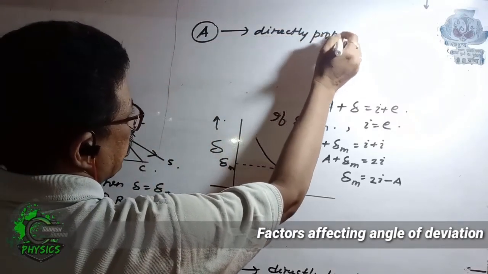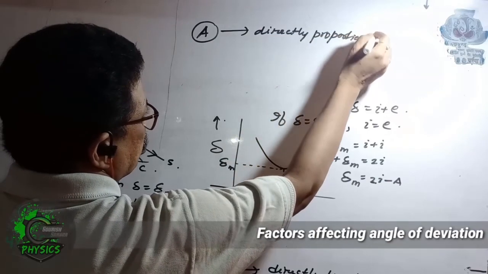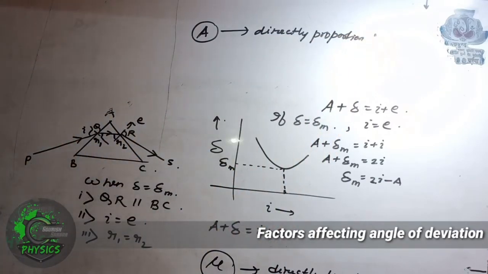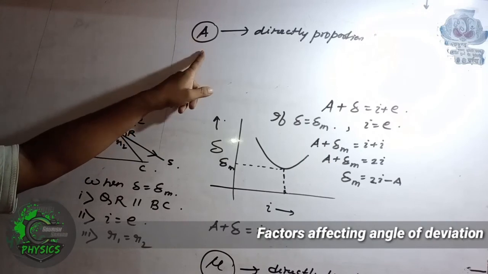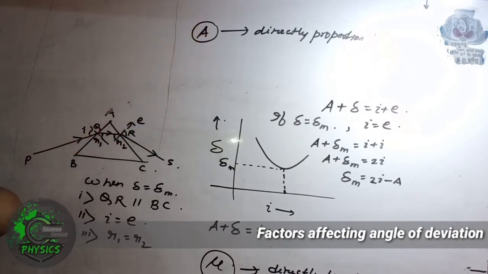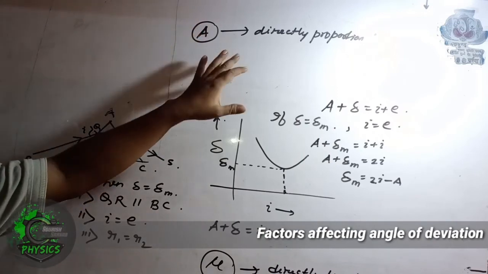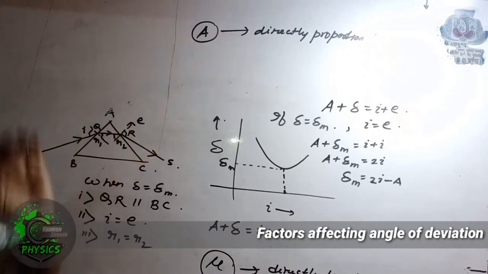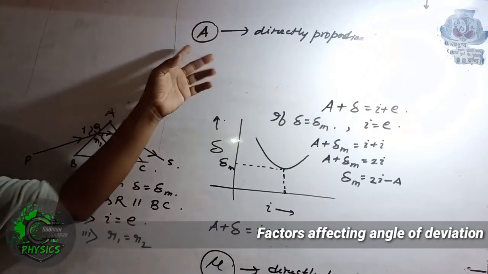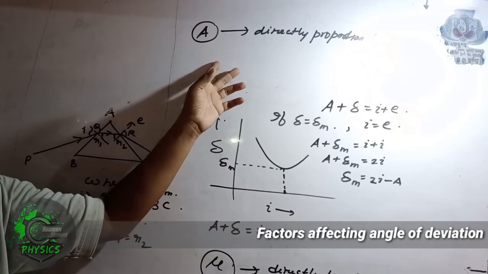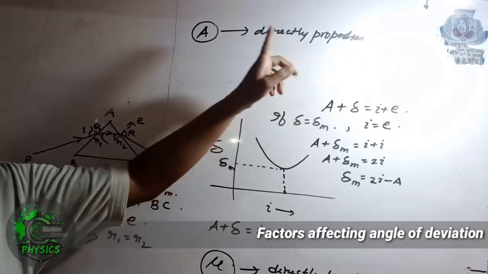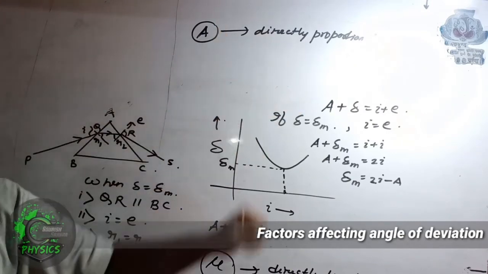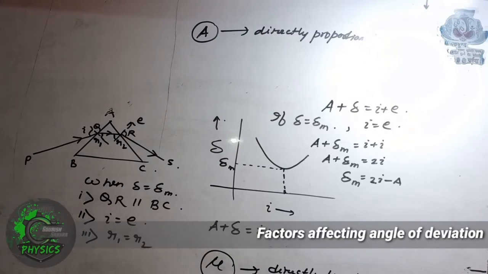We can say that for any given angle of incidence, the prism with a higher angle will produce more deviation than the prism with a lower angle.